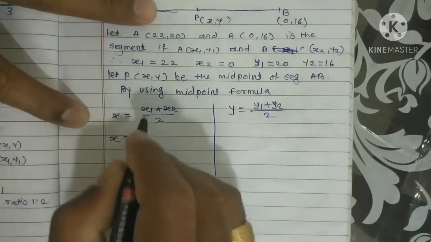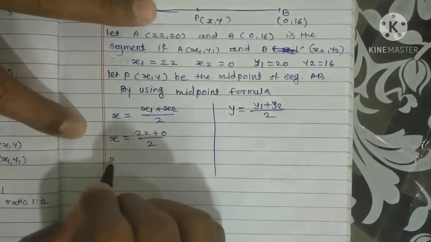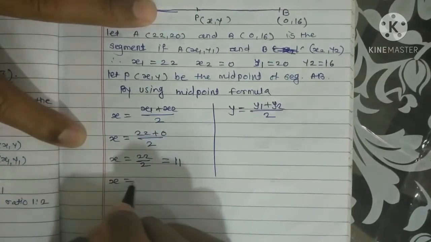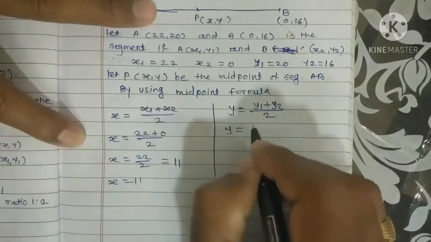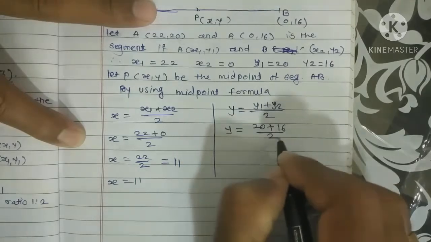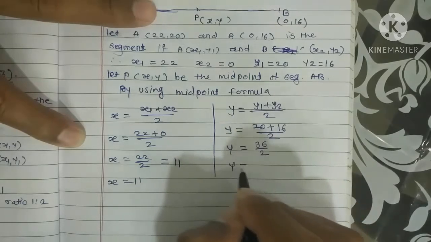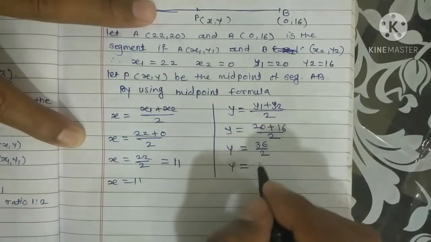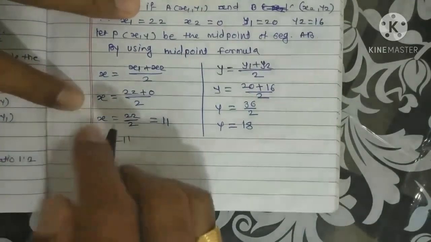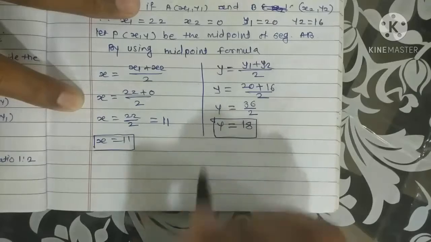Then putting in the values, x is equal to 22 plus 0 upon 2, which is 22 upon 2 is equal to 11. Now x is equal to 11. Then y is equal to 20 plus 16 upon 2, so y is equal to 36 upon 2, and in the last step y is equal to 18, since 2 eighteens are 36. In this way the value of x is 11 and the value of y is 18.